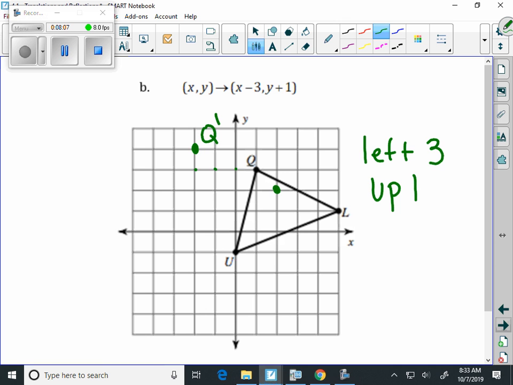Here's our new value of L. And then U, 1, 2, 3, up 1. Again, when we translate, which means we shift or slide that triangle, nothing about the triangle changes except its location.